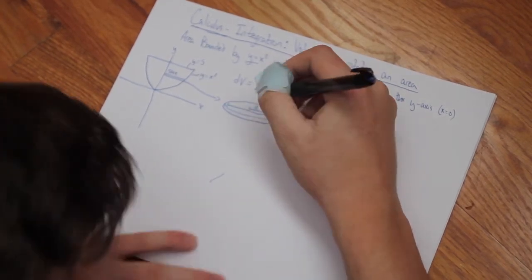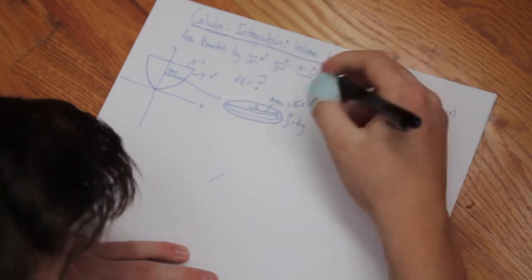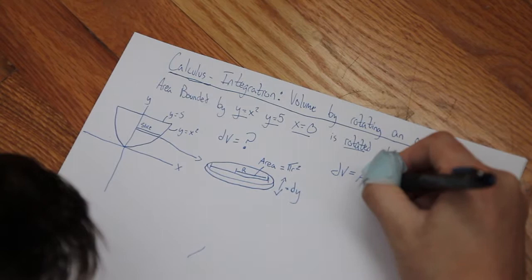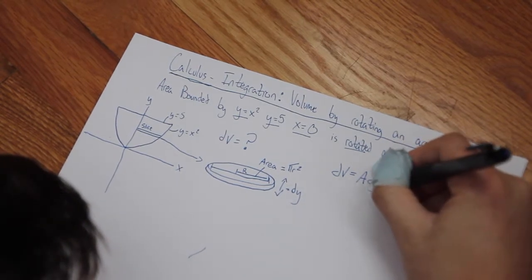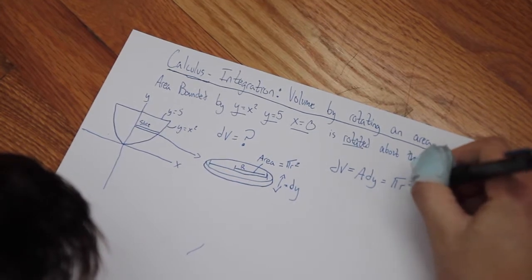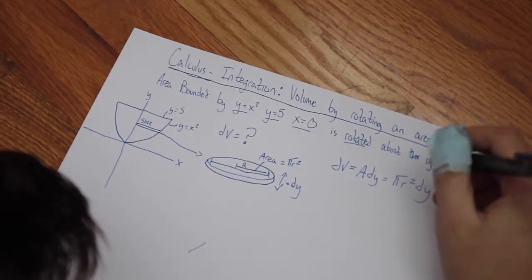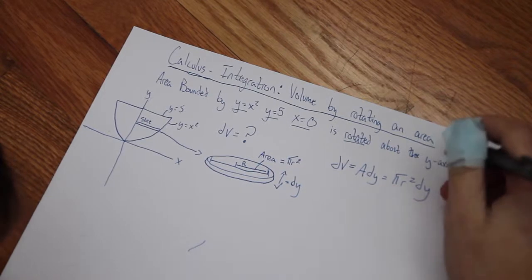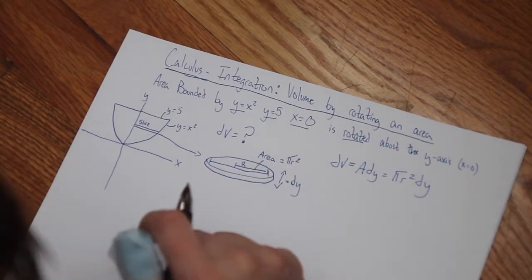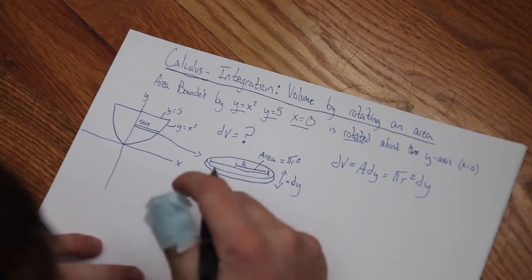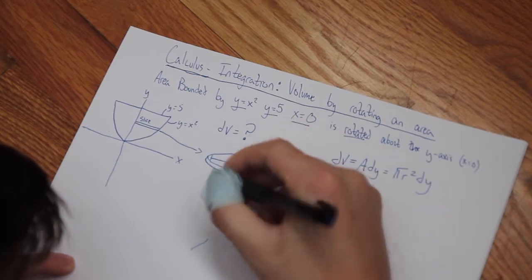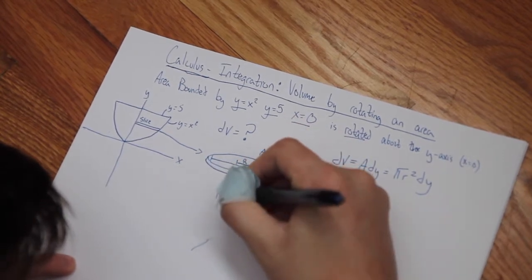Our radius of our slice is basically going to be equal to x, because at any point, if we were to take a slice lower down on the function or higher up on the function, the radius would be constantly correlating to the x and whatever we plugged in for x. So we can basically just say dV equals area times dy.